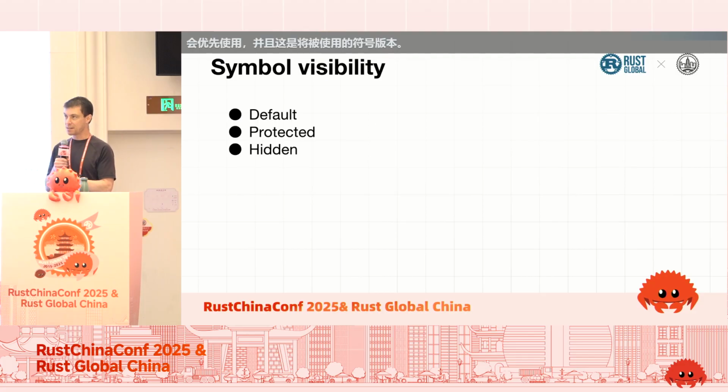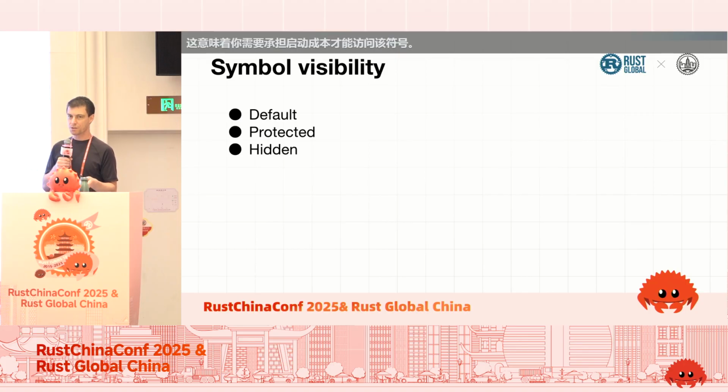So this means that any references to those default visibility symbols need to be dynamic. So even if your shared object defines a symbol, you can't assume that that definition of the symbol will be the one that will be used, because there could be an earlier shared object that defines that same symbol. And that means you've got to run a startup cost in order to access that symbol.